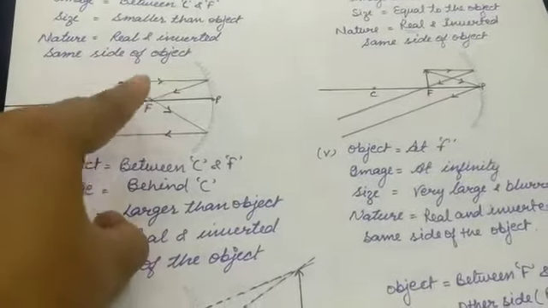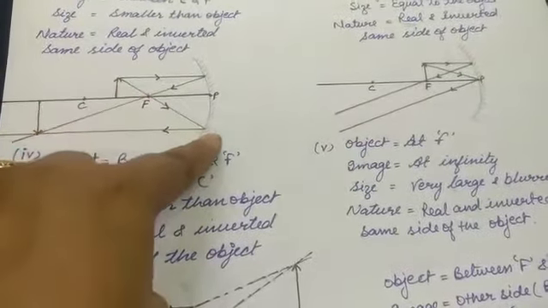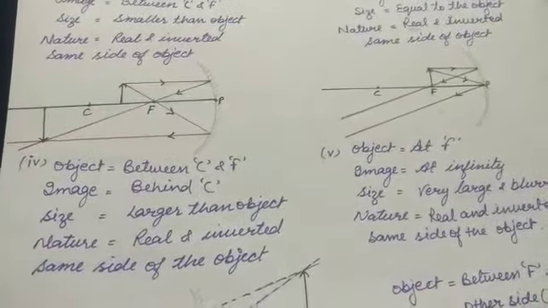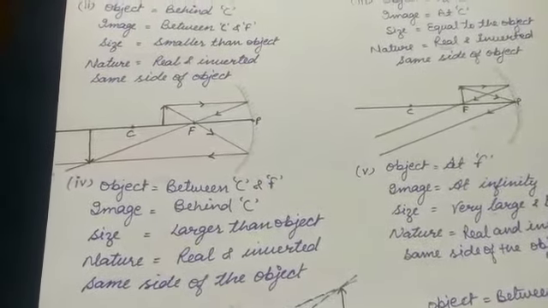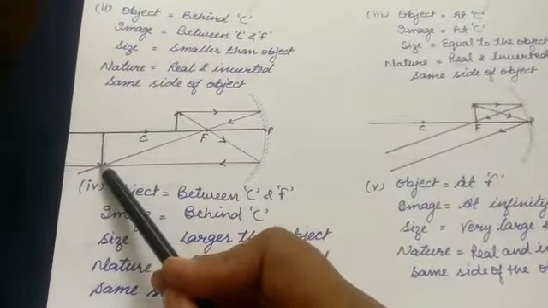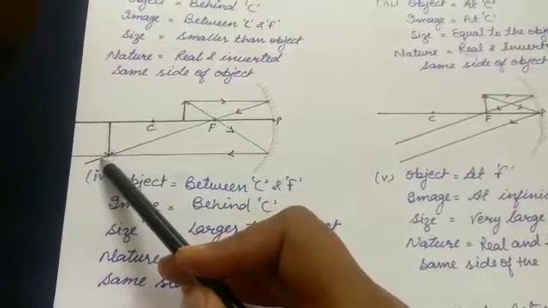Okay, and the next light ray which we take is which pass through the principal focus, and after reflection it becomes parallel to the principal axis. Now both the light rays after reflection they are intersecting here. So the image is going to be formed here. This is the image of the object.